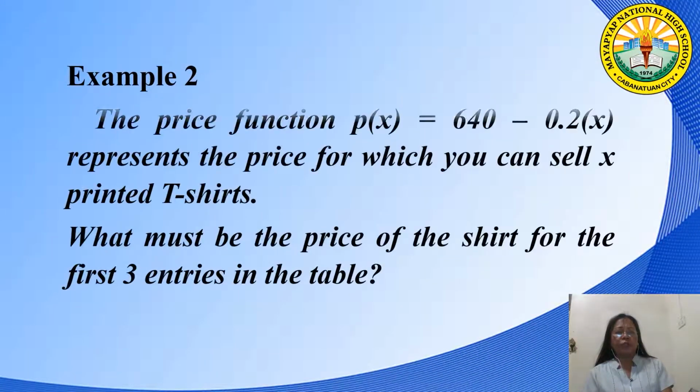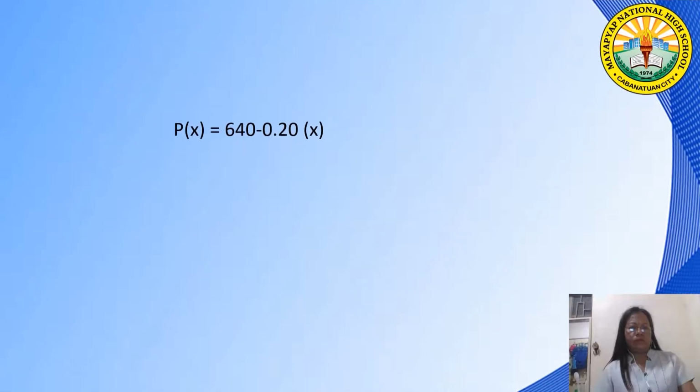Another example: the price function p of x equals 640 minus 0.2 times x represents the price for which you can sell x printed t-shirts. What must be the price of the shirt for the first 3 entries in the table? Solution.